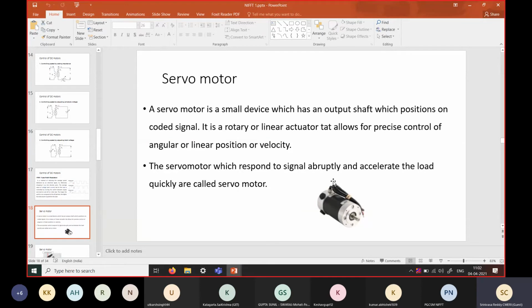Here you can see the construction of a basic servo motor. We have seen till now the basic DC motor, which has two windings and two leads for supplying energy to it so that it can rotate. But the servo motor will have additional elements with that.